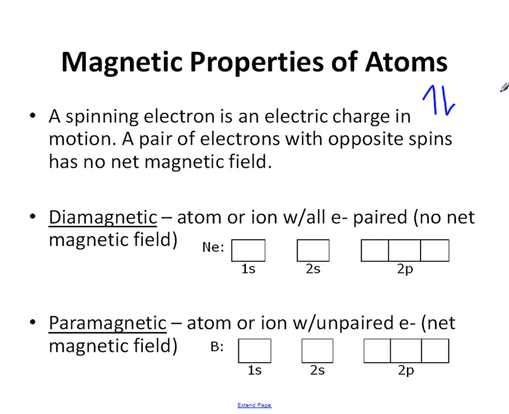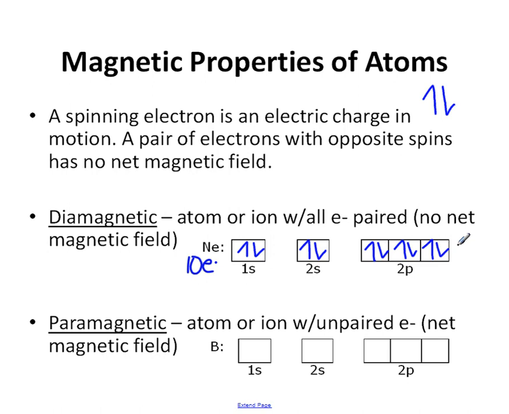So for example, if we wanted to do an orbital diagram for neon, neon has 10 electrons. So if we put them into our diagram, spin up, spin down, that's full, spin up, spin down, full, put in 4, so 5, 6, 7, 8, 9, 10.